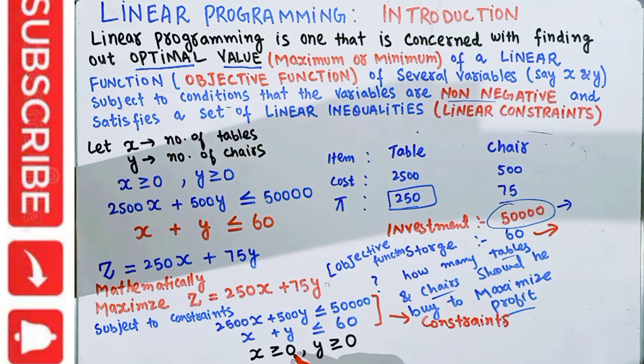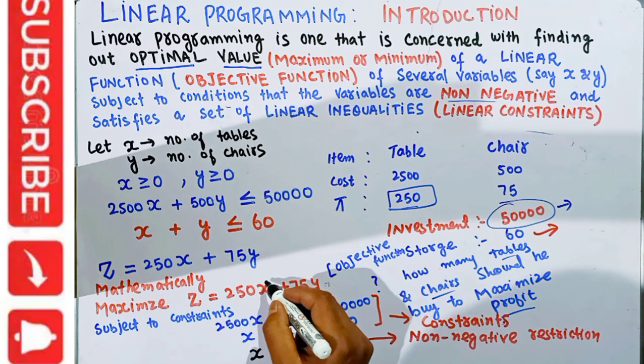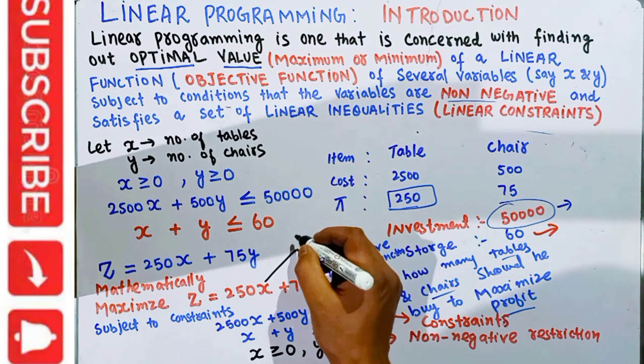And x greater than or equal to 0, y greater than or equal to 0 is called the non-negative restriction. Here x and y are called the decision variables.